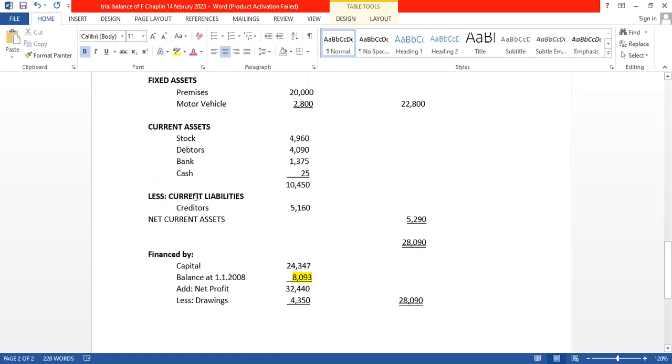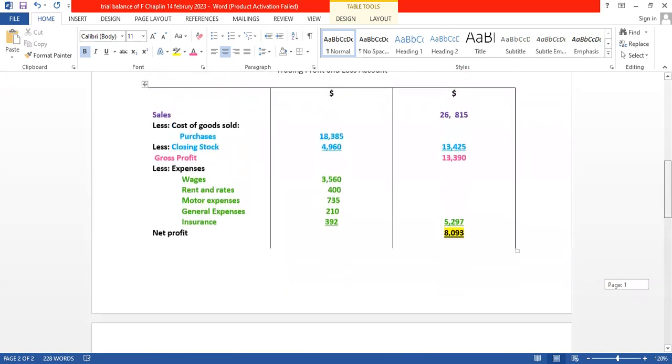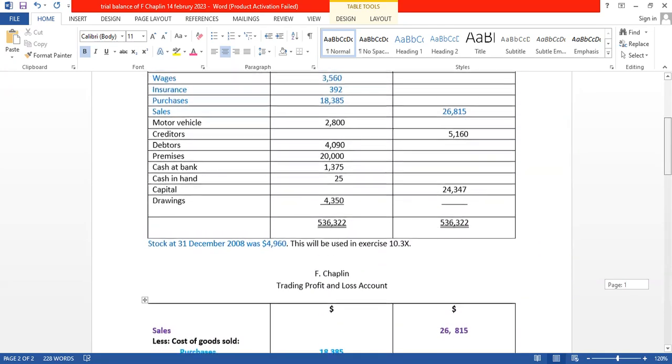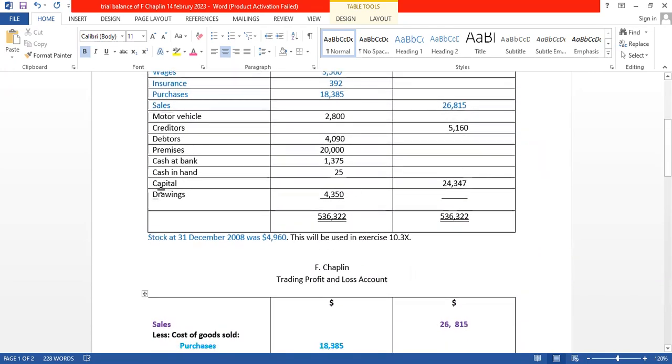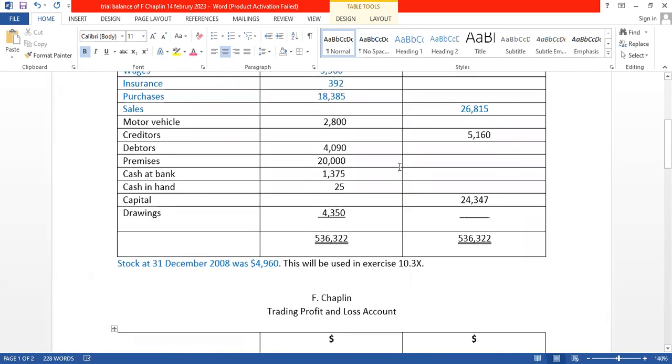We move on now to our current liabilities. In the trial balance, we saw creditors was $5,160. Let me refresh your memory. So I'm scrolling back up to the trial balance, and here we have it. All right, so I just had to zoom up a bit because I'm getting old.